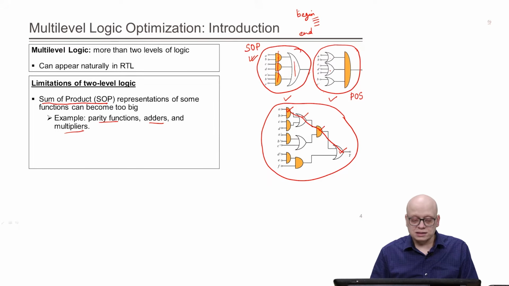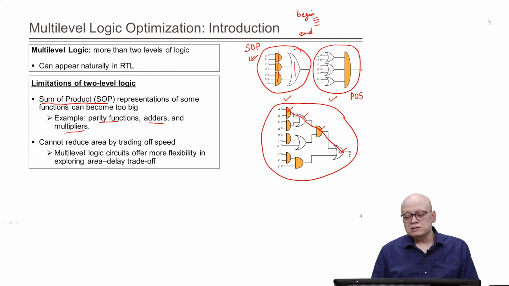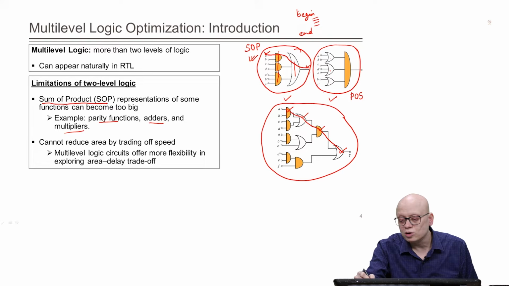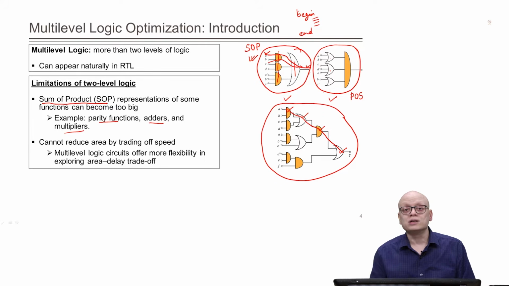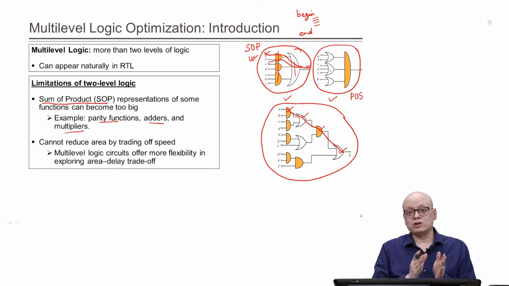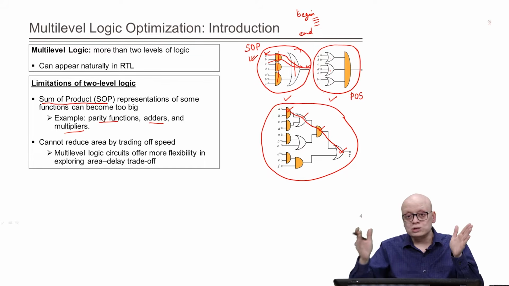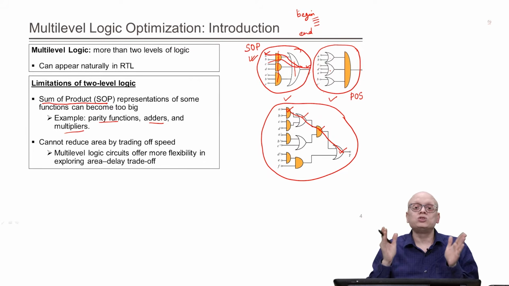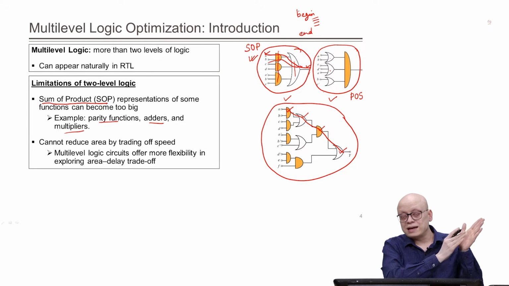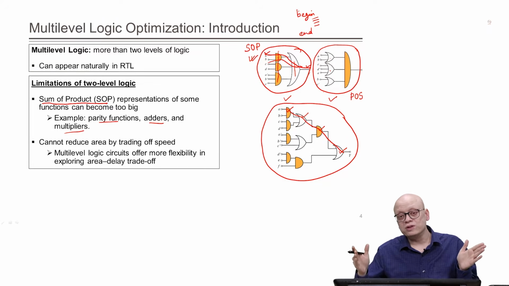The other point is that two-level logic is very good in terms of timing. Why? Because from the input to the output, we have only two levels of logic in all the paths, a maximum of two levels. And that is why we have very good timing, because the number of gates from input to the output is restricted to two, and therefore the signal can propagate from the input to the output very quickly.